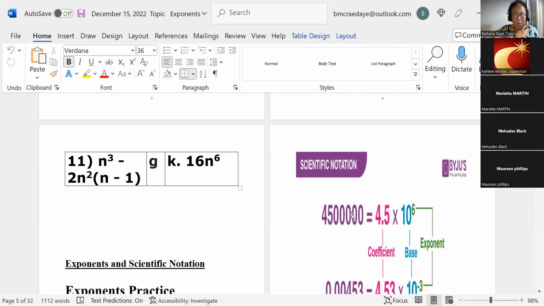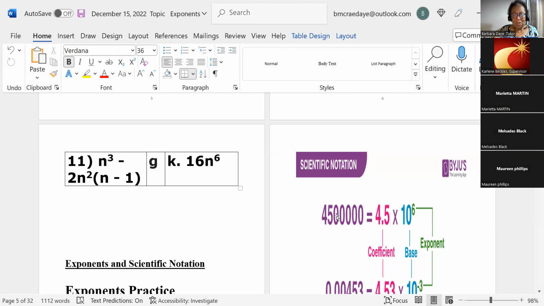Mercedes, what is this number right here in words? Is that 450,000 million? Say it in words. 450 million. Uh-oh, Maureen, you can't see the screen. So Marietta, what is this number in words?